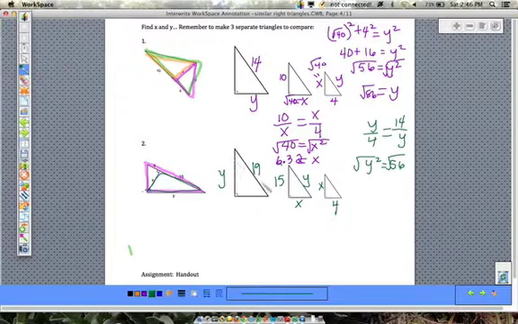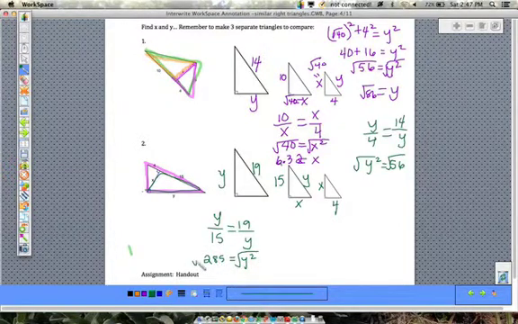So then I can go ahead and try to set up my ratios. I'm going to for sure use this triangle because I have all 3 sides. I'll start with y this time. So I'm going to say y corresponds to 15 as 19 corresponds to y. So y over 15 equals 19 over y. I can cross multiply. So 15 times 19 is 285 equals y squared.